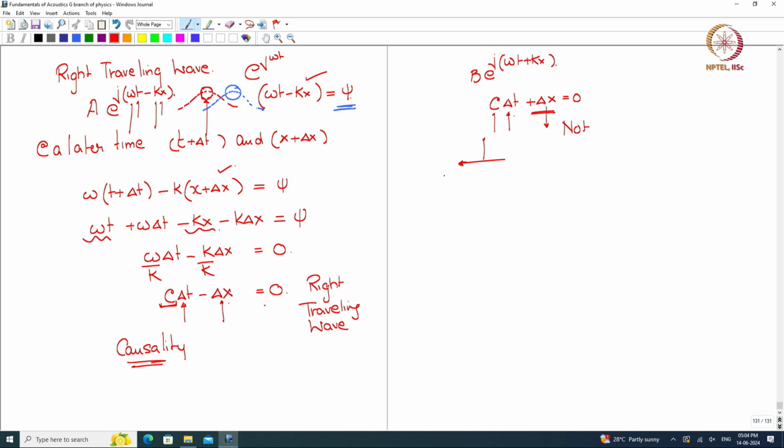So this is not possible now. What we are saying is, we have a situation where we have an infinite pipe as a source over here, and so a wave can only move rightward. A leftward moving wave is not possible.